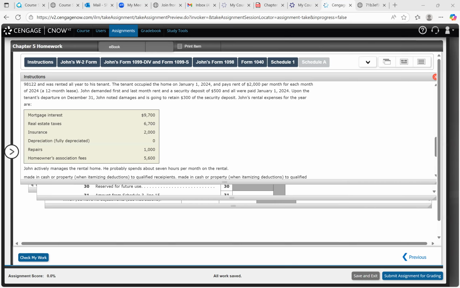When you look at the income and you total the expenses, we have a loss on the rental property of $700. Now, that $700 loss flows back to Schedule 1 here. And so when we total the Schedule 1, we have the 5,700 minus the 700, or the $5,000 will flow back to the 1040.